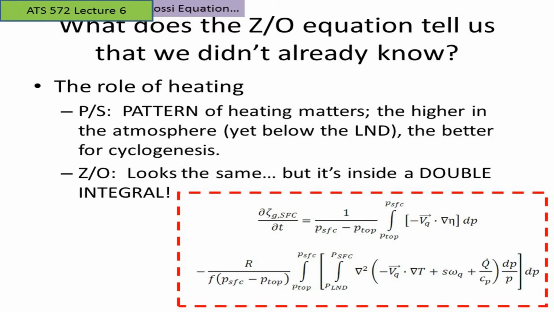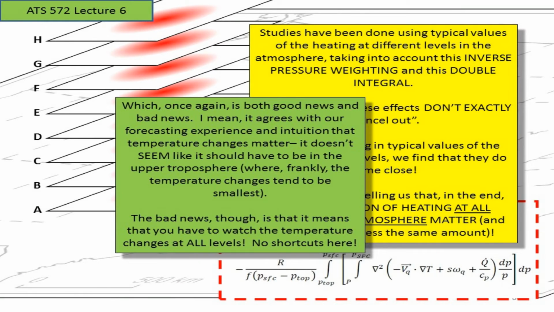It wasn't like heating was more effective at causing cyclogenesis when the heating happened high in the troposphere, or more effective when it happened lower in the atmosphere. In the Zwack-Okossi equation, it's not exactly equal everywhere, but close enough for government work. It basically means that at all levels of the atmosphere, heating is effective at causing cyclogenesis, which, once again, is both good news and bad news, because it agrees with our forecasting experiences and our intuition that temperature changes matter.